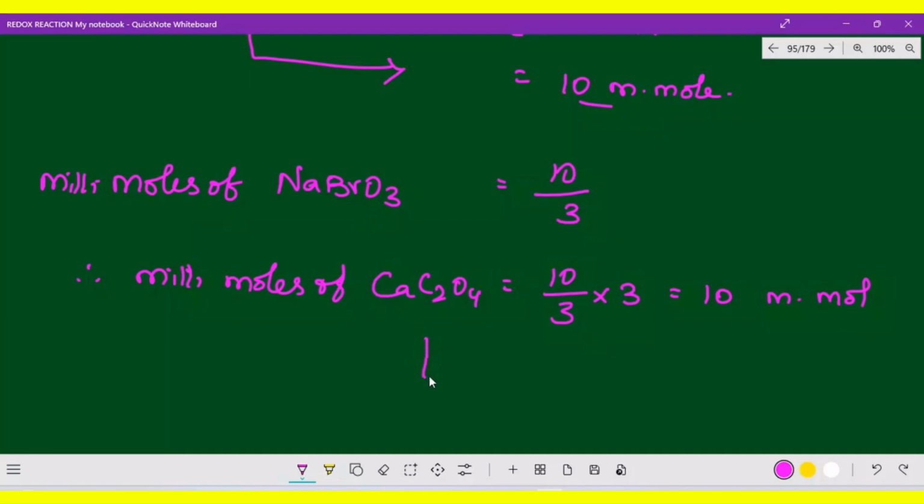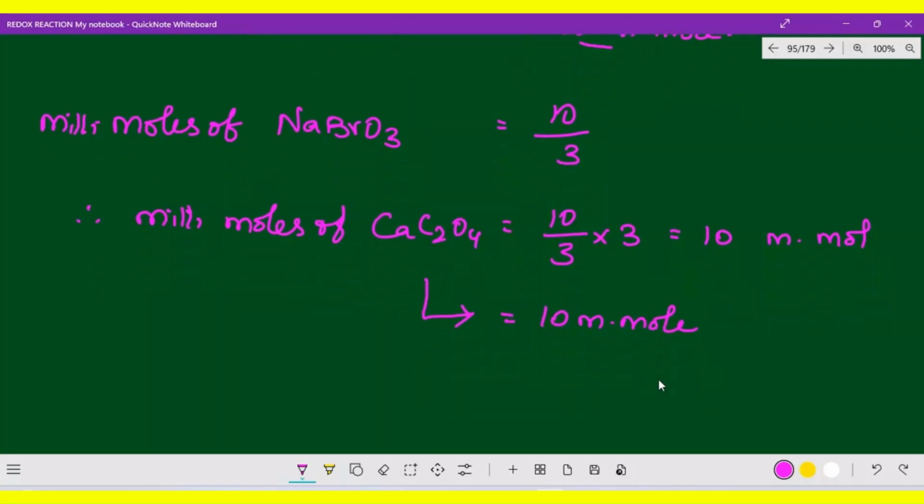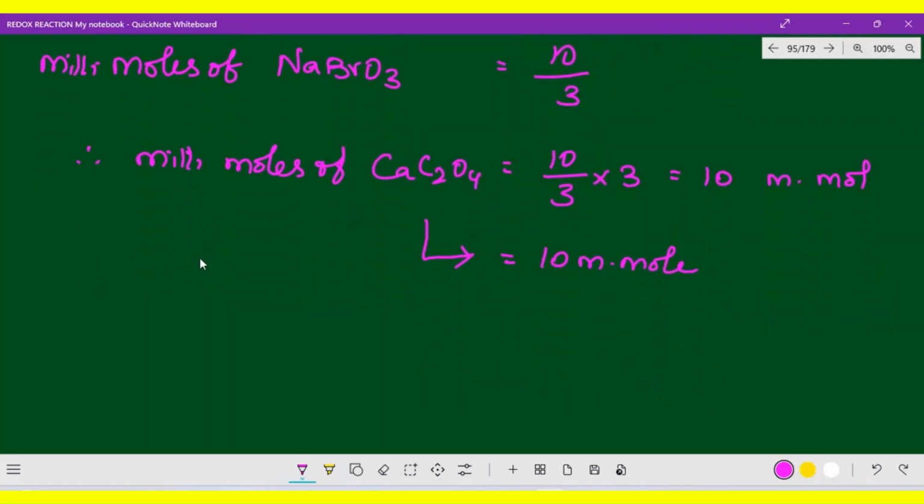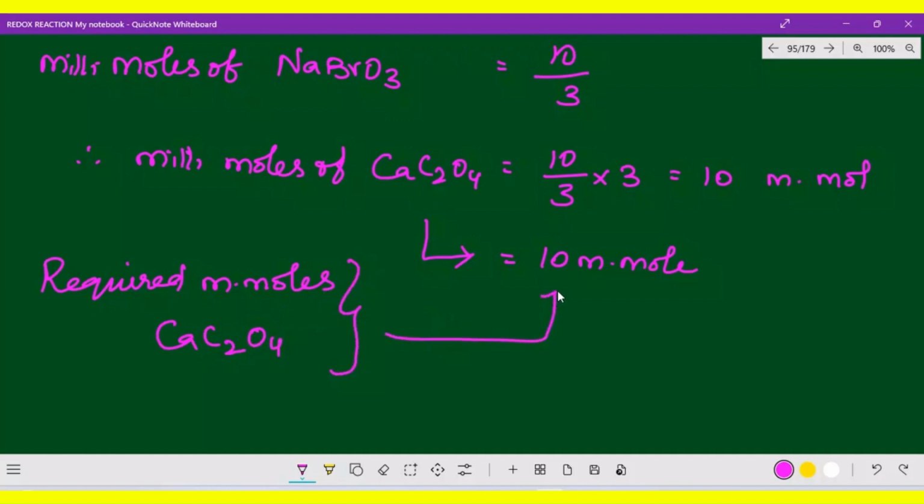Calcium oxalate also is 10 millimole, right? Now that means we can mention it is the required millimoles of calcium oxalate, C2O4, right? I hope you got that idea. So this is the answer.